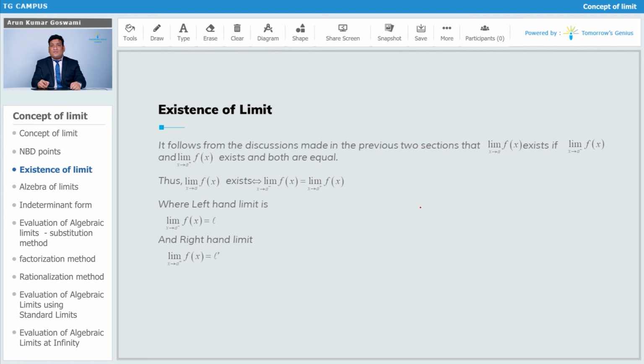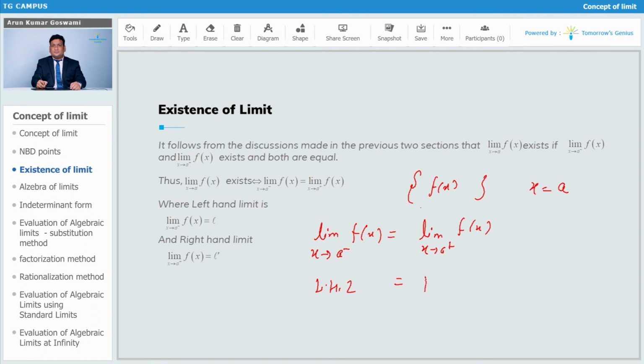If I have a function f of x and I want to check the limit for this function at a particular point x equal to a, I will say that the limit as x tends to a negative of f of x is equal to the limit as x tends to a positive of f of x for that limit to exist. Or else we can say that the left hand limit must be equal to the right hand limit.